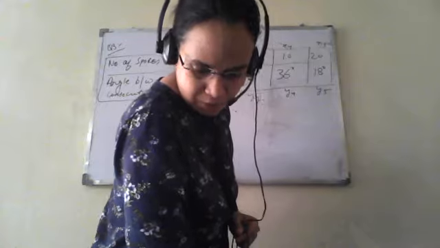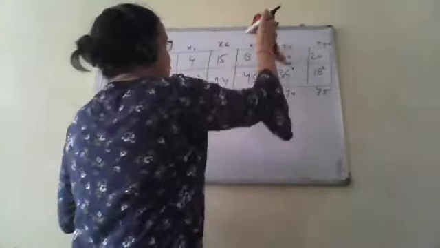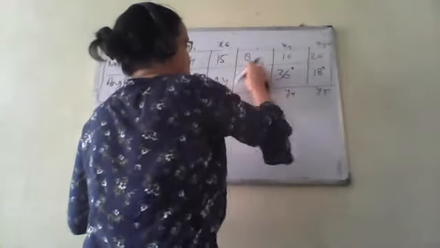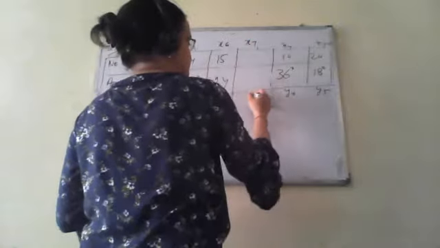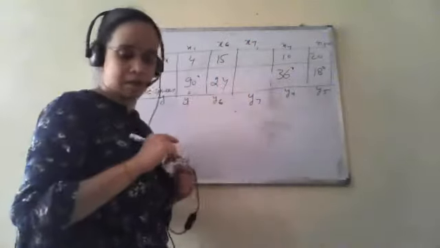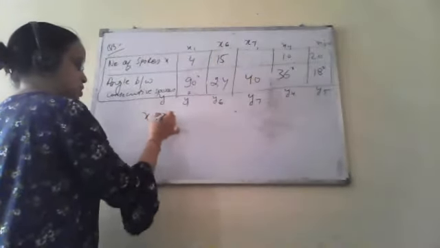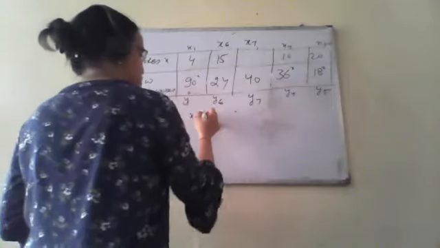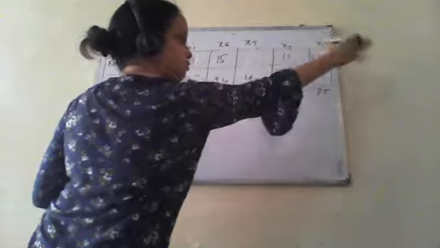So now the next part is: how many spokes will be needed if the angle between a pair of consecutive spokes is 40? Now we can take it again, we can extend these two things. This we can take x7 and this is y7. In this case, the angle between two consecutive spokes is given, that is 40, and x7 we have to calculate. Again this is x1 y1 equals x7 y7. These x6, x7 are the continuation of x5, y5.